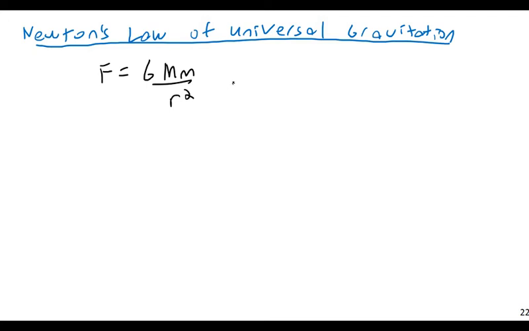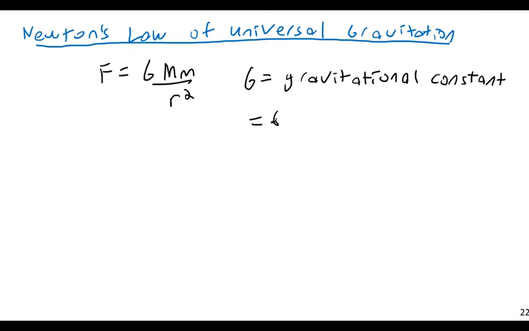G, of course, is the gravitational constant, which wasn't figured out till long after Newton was dead. It is approximately 66.73 times 10 to the negative 12 meters cubed per kilogram second squared.